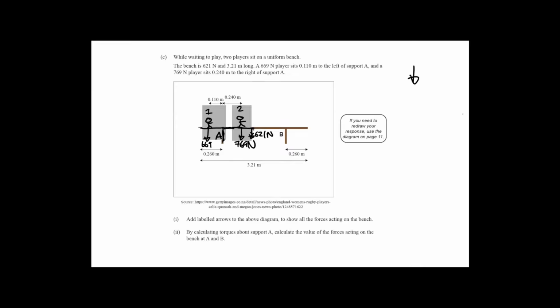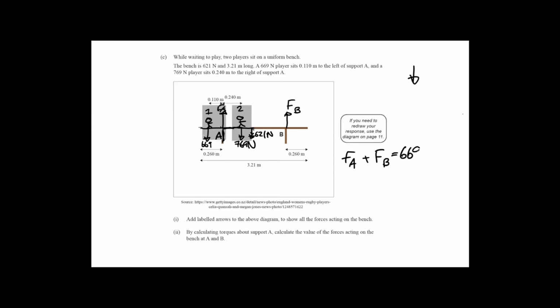There is going to be a force from B pushing upwards, the reaction force, and a force from A pushing upwards to support this mass. We know, because of Newton's laws, opposite and equal reactions, that force A plus force B must be equal to these three forces.